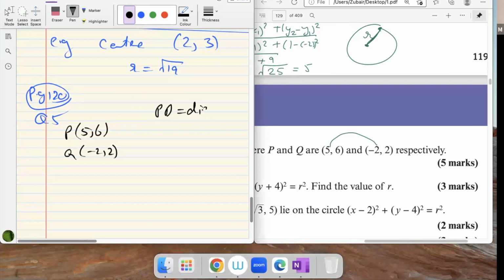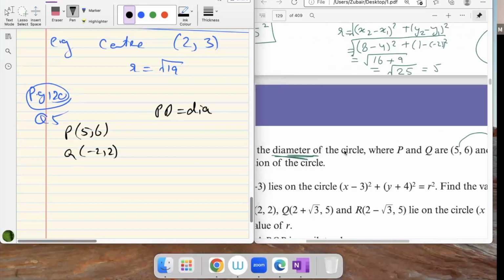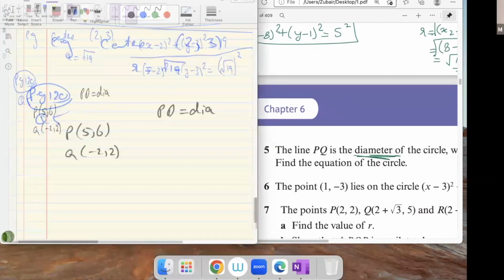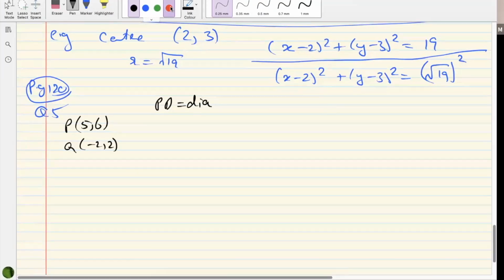PQ is equal to the diameter. And the demand of the question is to find the equation of the circle. We know in the back of our head that for the equation, we need the center and we need the radius.